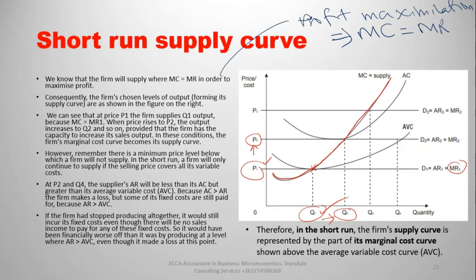All right, and so on and so on. That could continue to go, provided the firm has the capacity to increase its sales output. All right, in these conditions, the firm's marginal cost curve becomes its supply curve. So you can see also that the behavior of the marginal cost curve is actually the behavior, the upward sloping, of the supply curve.